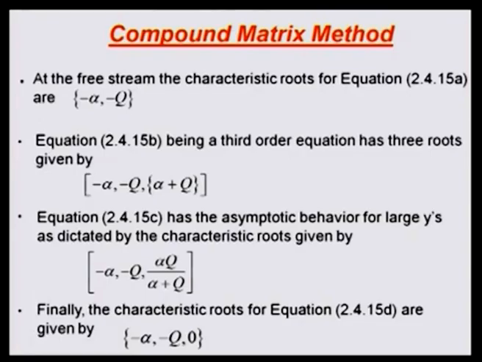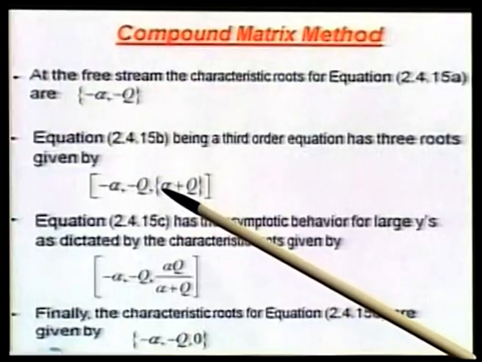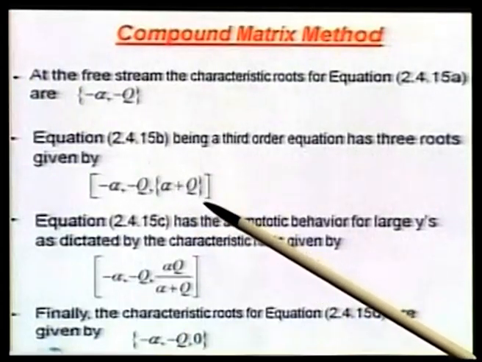You look at the second equation, which is also a third order equation, and it has 3 roots, 2 of them are the ones which we are looking for, the third one is alpha plus q.